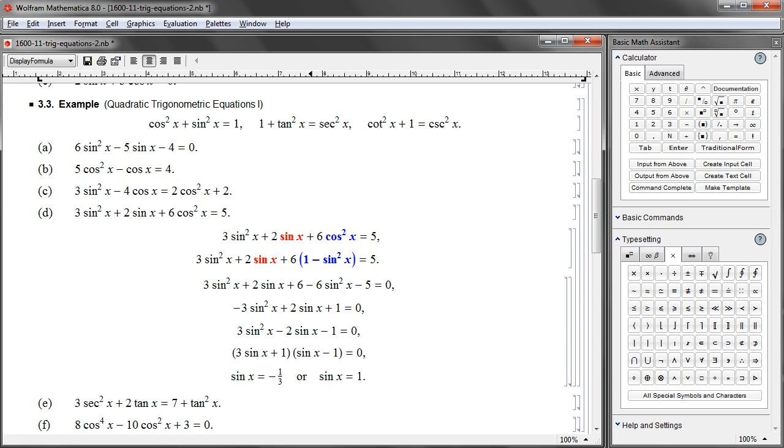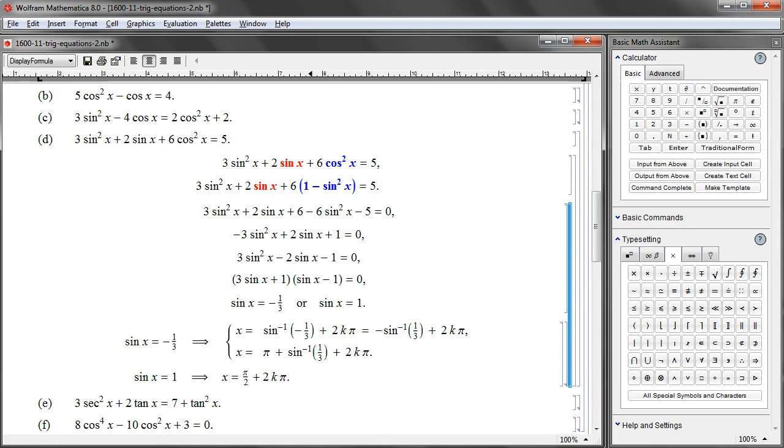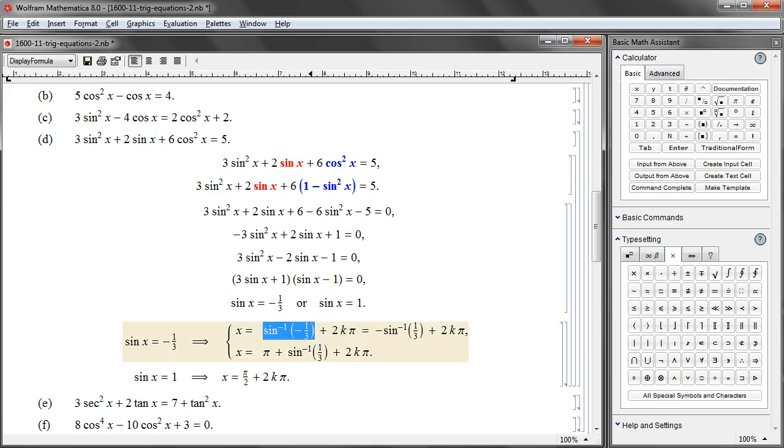From the first factor, we can take arc sine, and then we have arc sine and pi minus arc sine. As a matter of fact, arc sine of negative 1/3 is the same as negative arc sine of 1/3. The reason is that sine is an odd function.